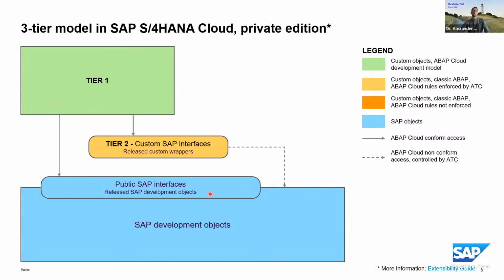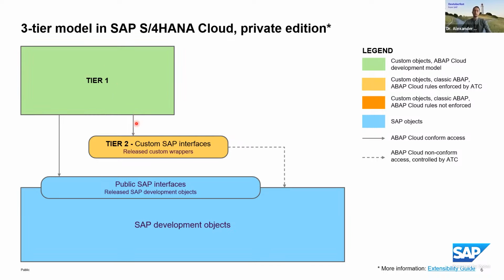Now tier 2 comes into the game, because in tier 2, you develop using standard ABAP. So that's the classic ABAP development model you use for tier 2 for the wrappers. And there you are allowed to access a non-released development object. Okay, so what you do in tier 2 is you create a wrapper around the non-released development object, and then you release your own wrapper for cloud development, and thereby it becomes accessible from tier 1.